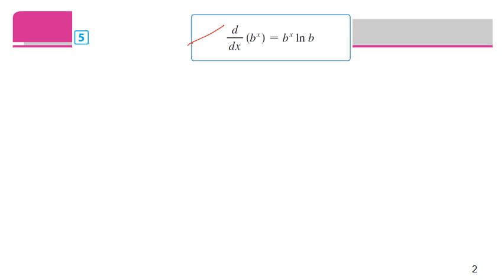Like for example, if you have y is equals to 2 to the x, here this is your b. So your dy over dx for this is equals to, just copy the b, and what is your b? 2, then x, and then ln of 2.